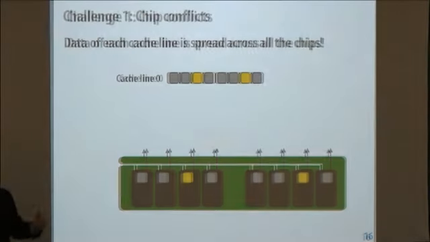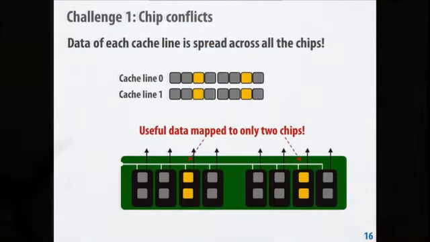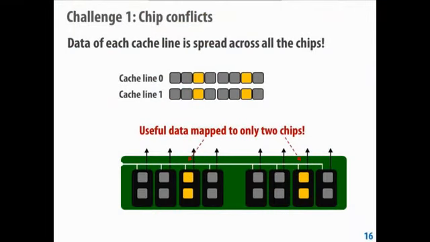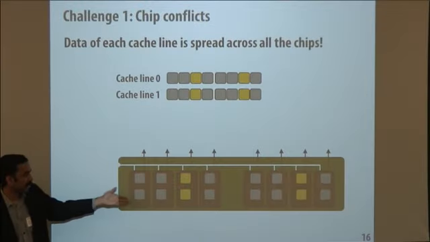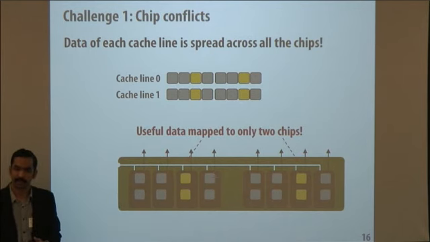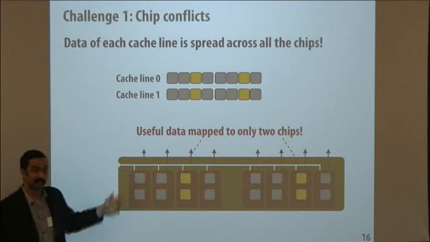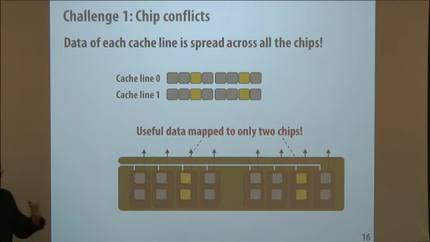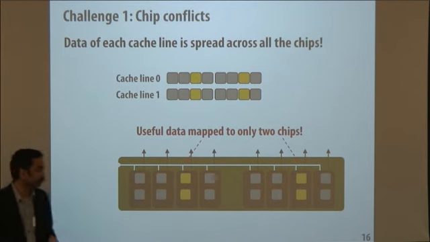Unfortunately, because we have a power of 2 number of chips and a power of 2 strided access pattern, if the second cache line is mapped in the exact same manner, the data is going to be mapped like this. And clearly, all the useful values are mapped to just 2 chips. So the memory controller has no hope of retrieving any useful value from, let's say, the first chip here. The bandwidth is essentially limited by the number of chips that have any useful value.